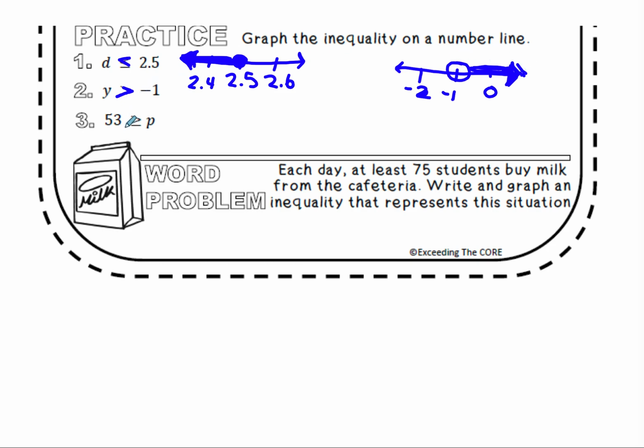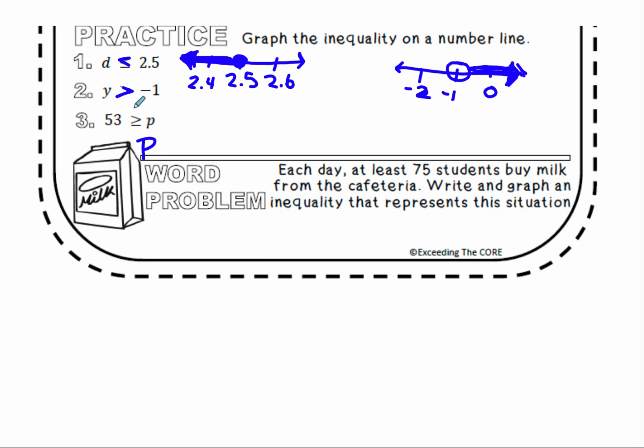All right, number 3, 53 is greater than or equal to P. Some people, when they're graphing, prefer to have that variable first so that they can use the trick that the arrow points the correct way; the shading trick doesn't work if the variable comes second. However, if I flip-flop these, I need to flip-flop the sign as well.